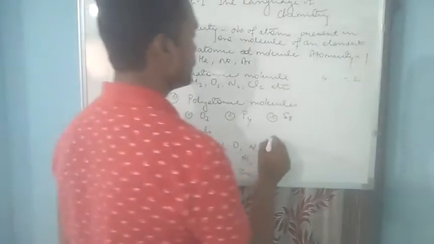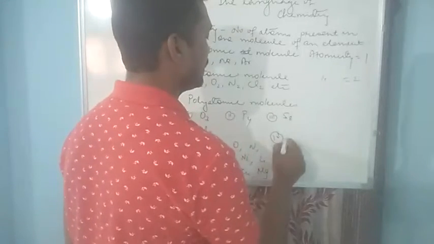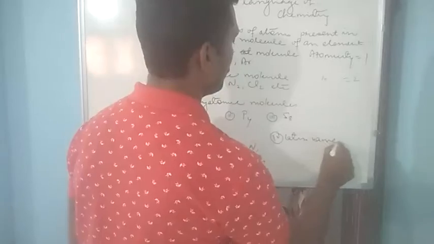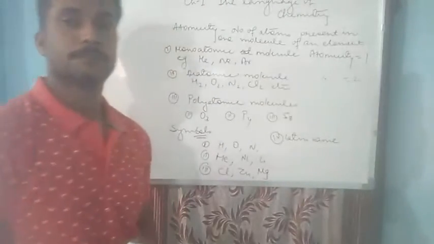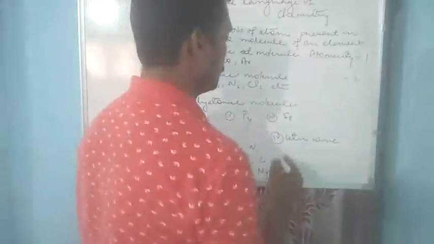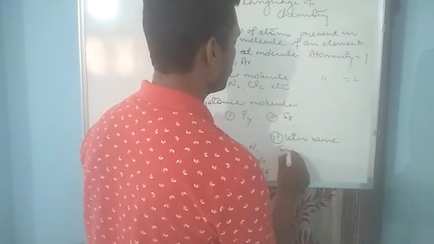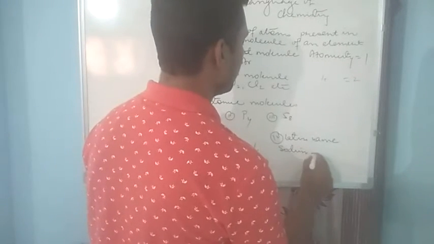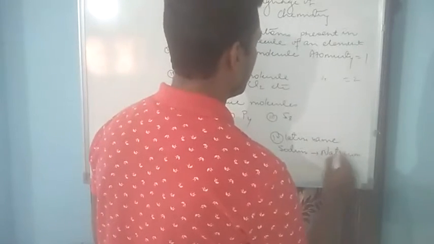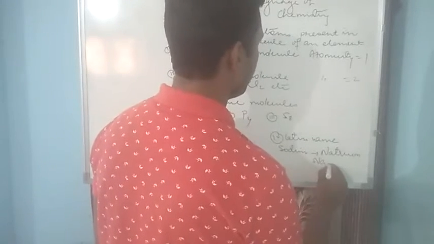The fourth way to represent is with the Latin name. The symbol is derived from the Latin name. Like sodium, its Latin name is natrium, so its symbol becomes Na.